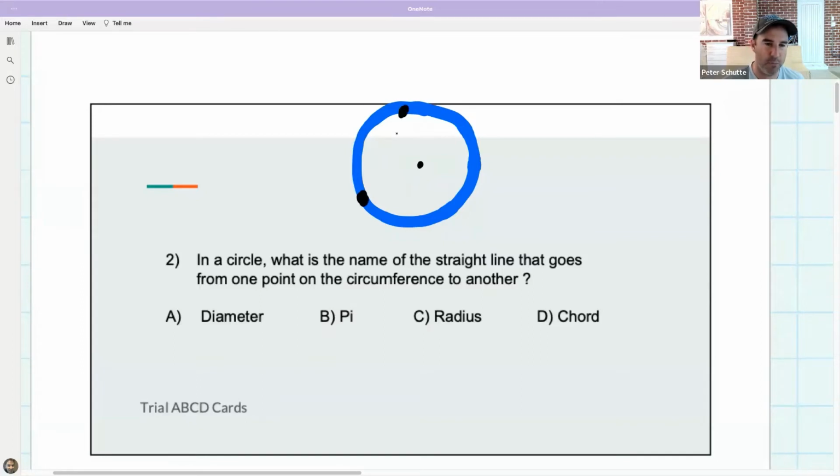There's quite a lot of possibilities. We could have that, or we could also have something like that. Which one is most correct? A little bit trickier.